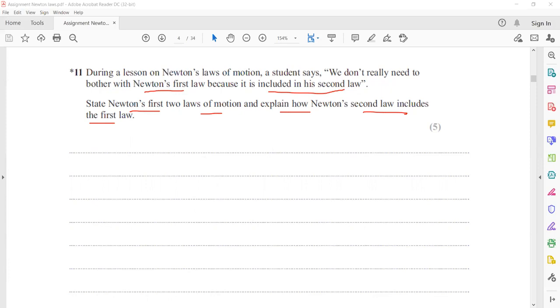So first we have to write the statement of Newton's first law. According to Newton's first law, if an object is at rest or moving at a constant speed, it continues to move with a constant speed unless an unbalanced force acts on the object.